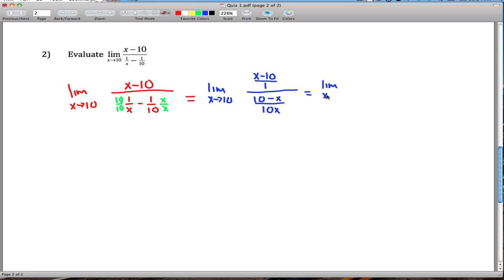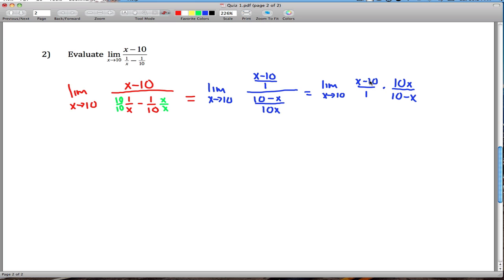And now we can get rid of this fraction inside of a fraction nonsense. The way you divide fractions is just like multiplying fractions, except you have to multiply by the reciprocal of the denominator here. Flip this guy upside down. So we get the limit as x approaches 10 of x minus 10 over 1 times the reciprocal of the denominator.